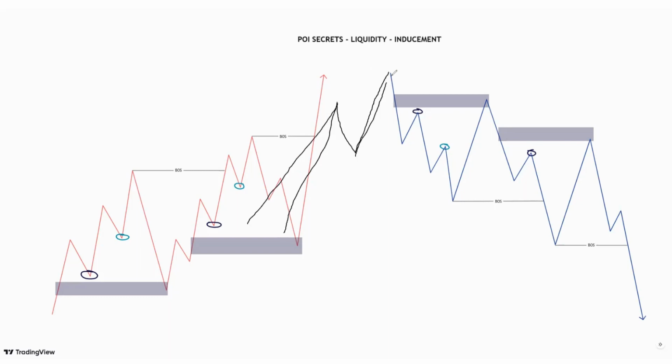You have entered probably somewhere here, then the price just goes all the way, takes out all this portion that you have taken, then the price continues again, right? Now, it doesn't mean that the price will always have this big pullback where it comes and takes out the liquidity. It doesn't mean that. Sometimes the price will just continue this way and go.